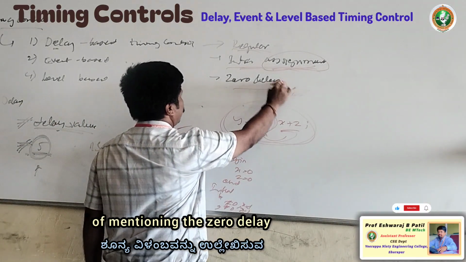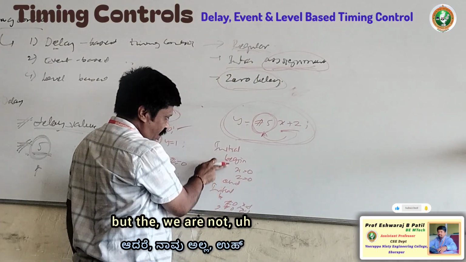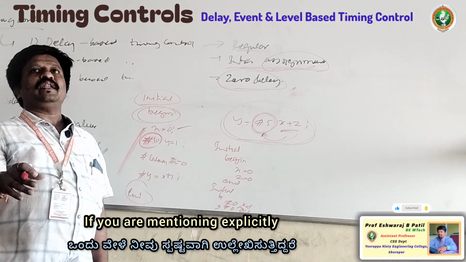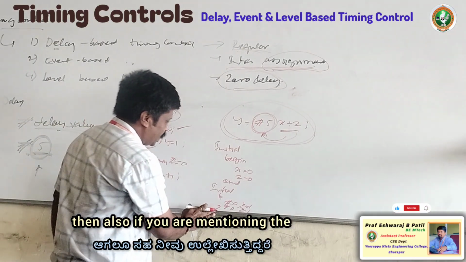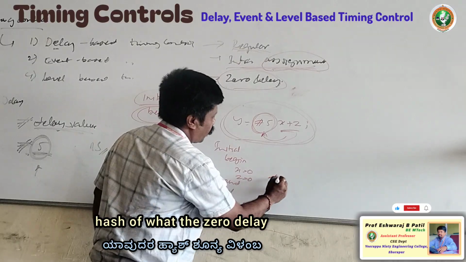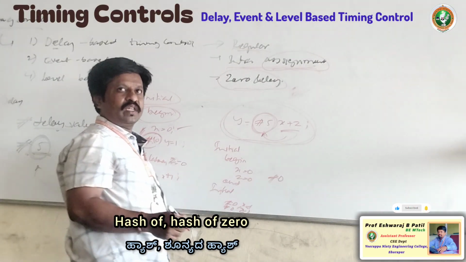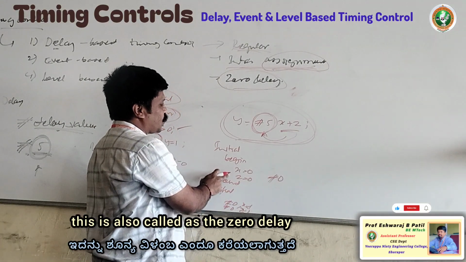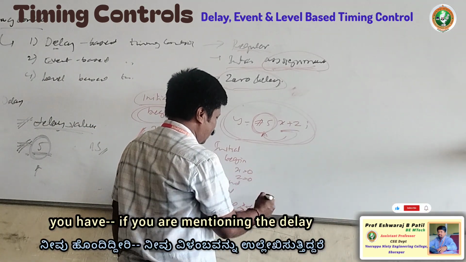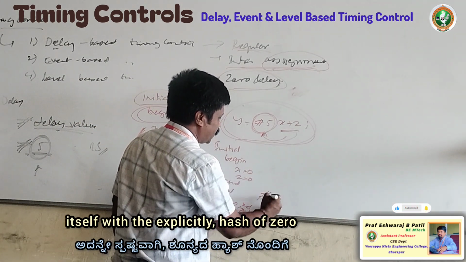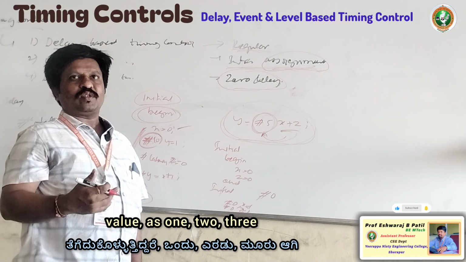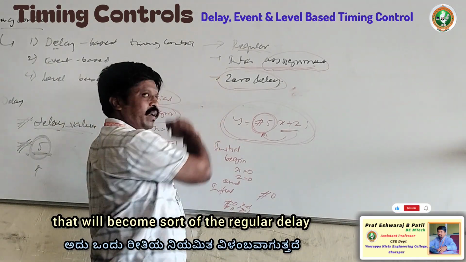One way of mentioning the zero delay is not taking any delay at all. If you mention it explicitly, we send it with hash of 0. If you are not mentioning it, this is also called the zero delay. If you take the delay value as 1, 2, 3, that becomes a regular delay.